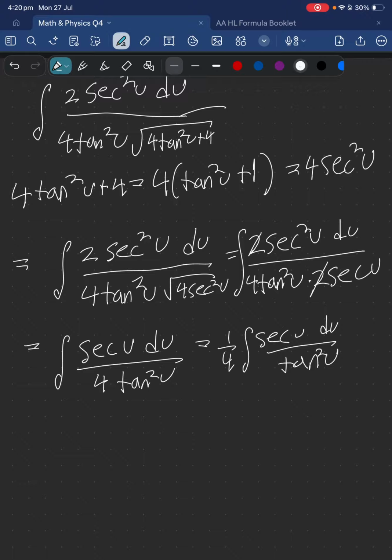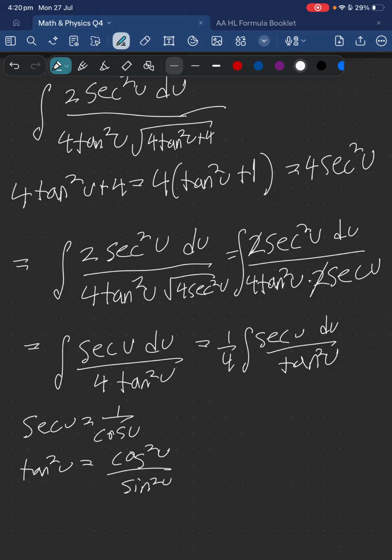Now the next step is to recognize that secant u can be written as 1 over cos u. And 1 over tan squared u is cosine squared u over sine squared u.